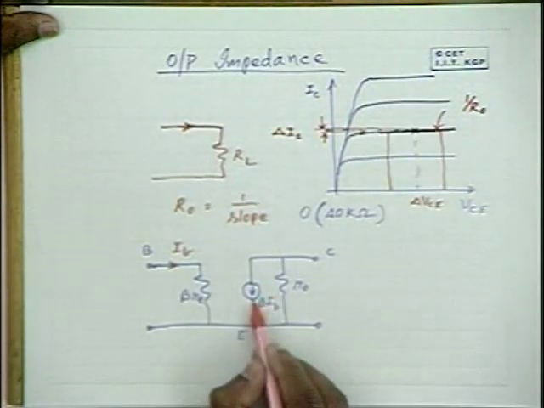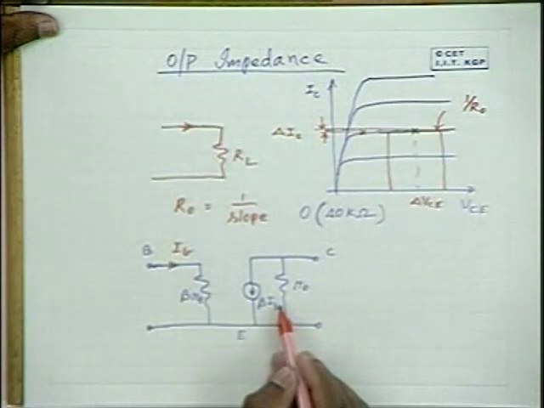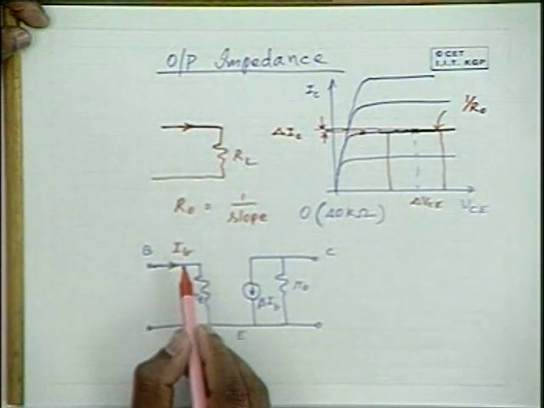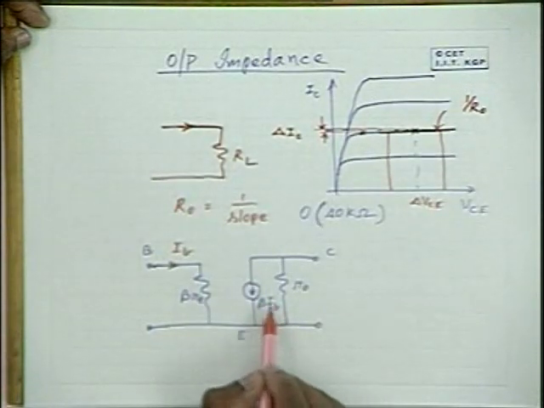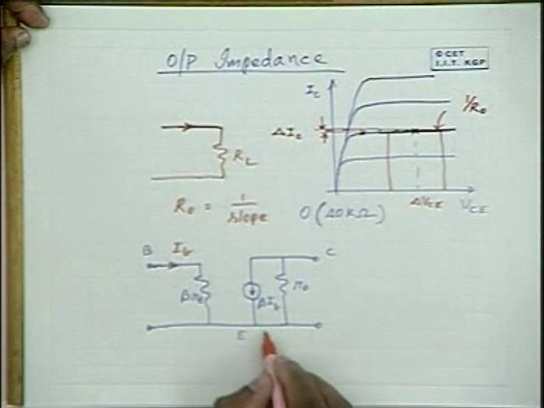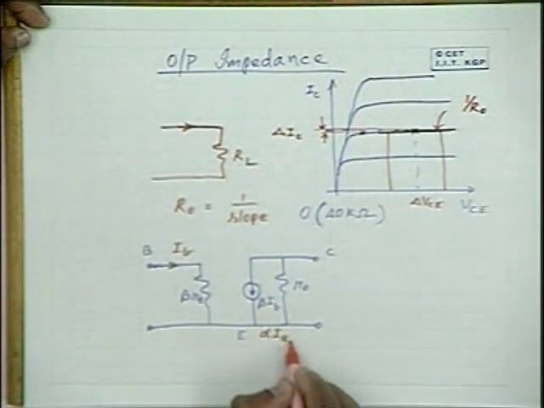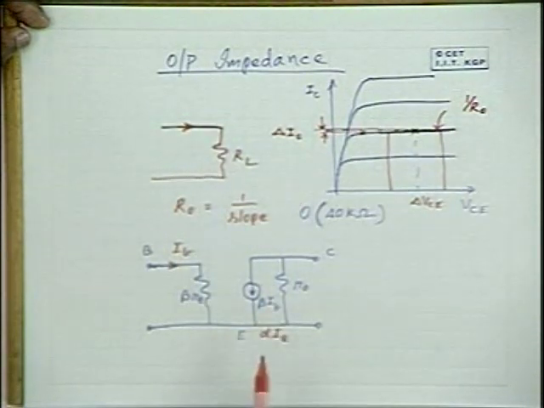For convenience we have expressed it as a function of Ib as beta times Ib, because here the input current is Ib, not IE. Hence we have used beta times Ib as the expression here instead of alpha times IE, which is still valid, still applicable.